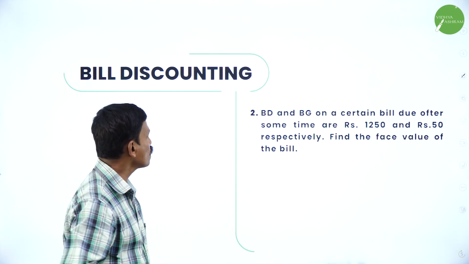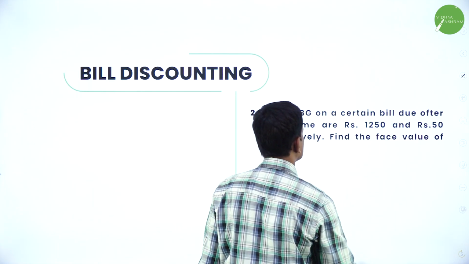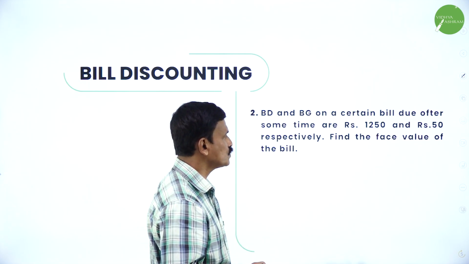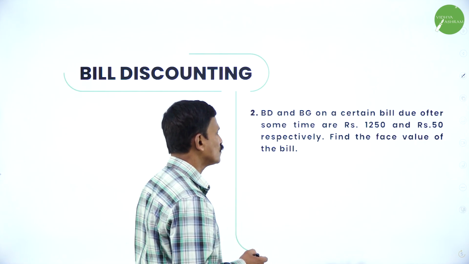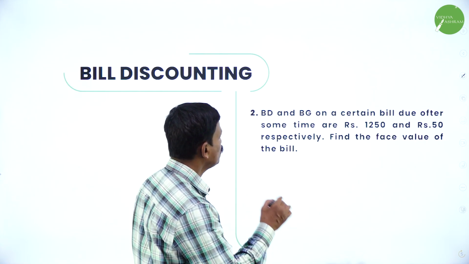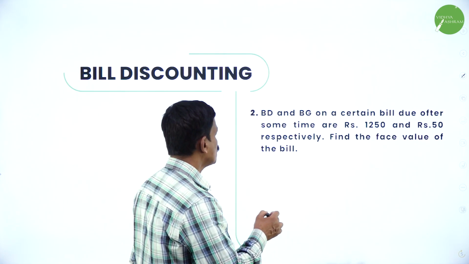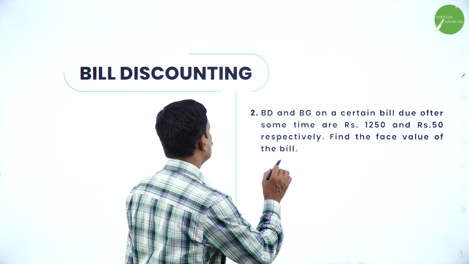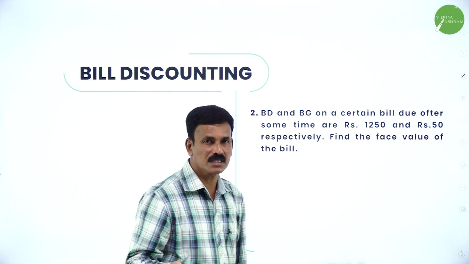Now move on to a similar type problem. Same type problem, BD and BG. BD and BG on a certain bill due after some time are rupees 1250 and rupees 50 respectively. Find the face value of the bill. Here BD and BG on a certain bill due after some time are given. BD is given and BG is also given. So find the face value of the bill. Very simple problem.